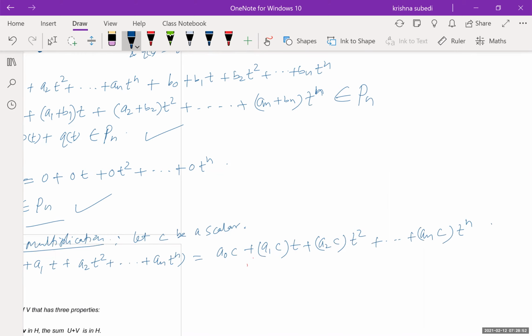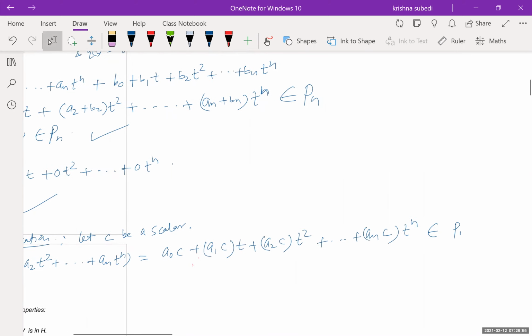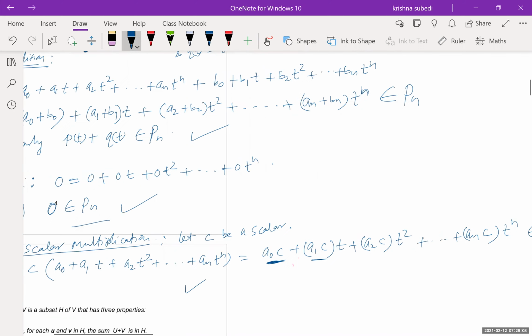So clearly this belongs to P_n, because remember, it is a polynomial of degree n with the variable t, because these all are constants, I mean scalars. They are just the coefficients, so this belongs to P_n. So therefore this condition also checks.